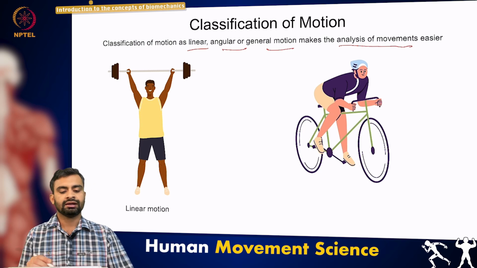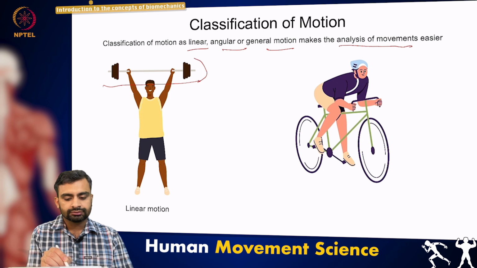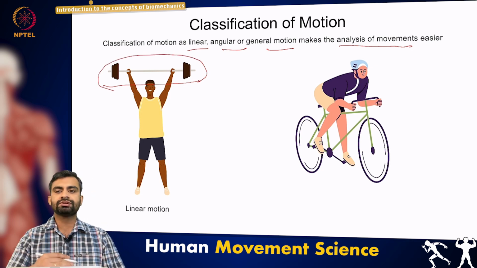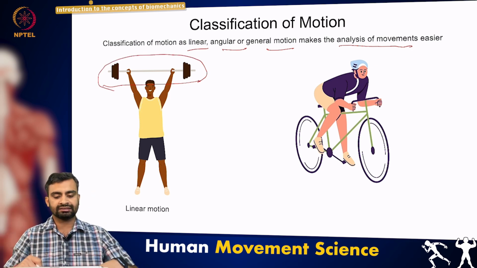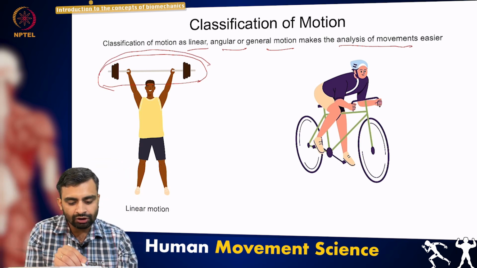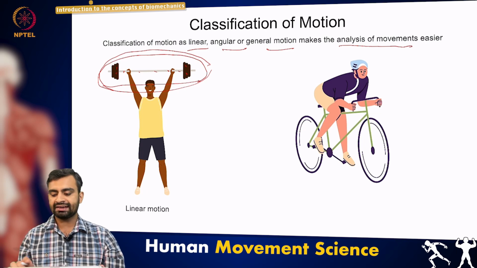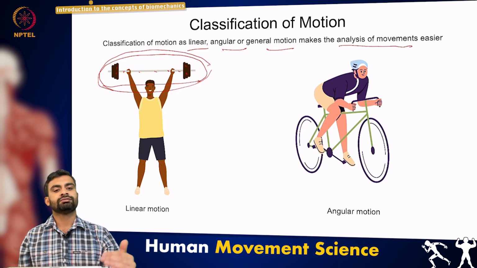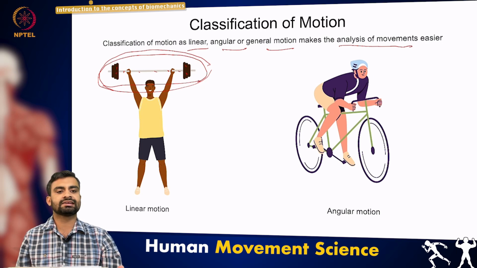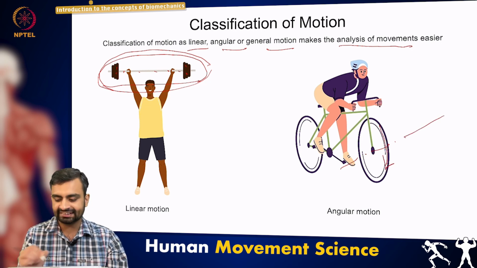For example, while lifting this weight, if we look at the weight itself, it moves in a curved path. The athlete will lift it up and all the points on the mass move the same amount of distance in the same amount of time. Whereas angular motion involves rotation around an axis or a fixed point. For example, the wheel of a bicycle rotates about its axle.